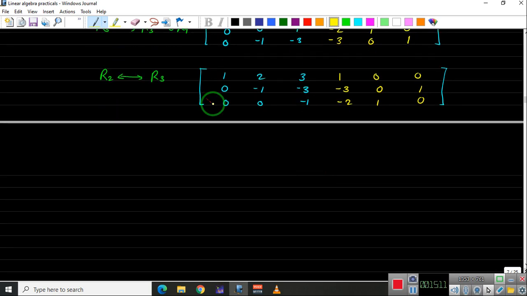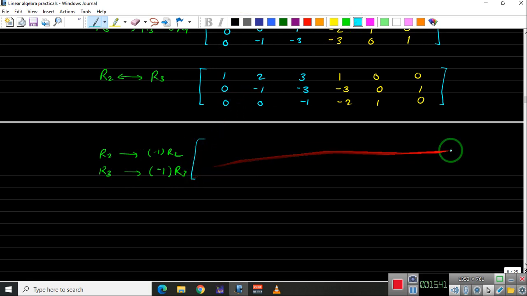So let us write R2 will change to minus 1 times R2, and R3 will change to minus 1 times R3. As long as you are not getting confused, you can perform two row operations together. I should not use the term elementary because it is reserved for something else. Let us write row operations.